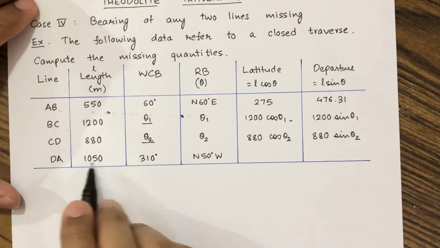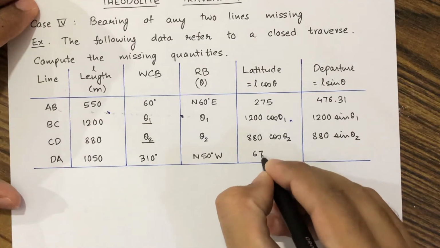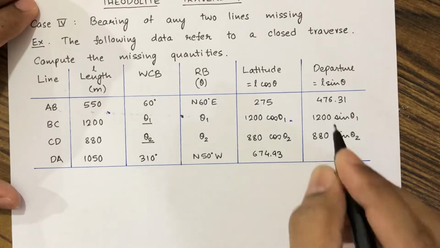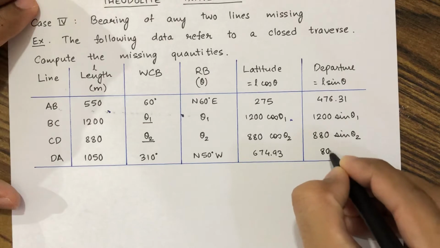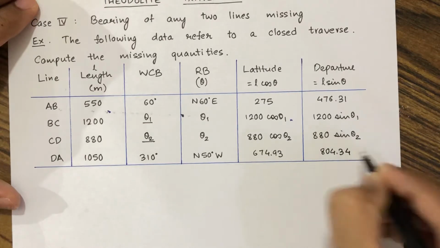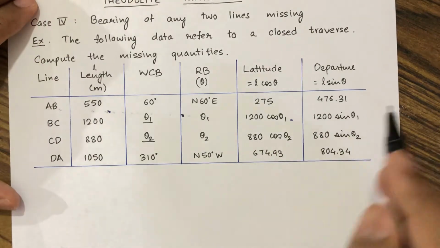Here 1050 cos 50, that value we get as 674.93, and 1050 sin 50 is 804.34. Now we have to check the signs, whether they are positive or negative.